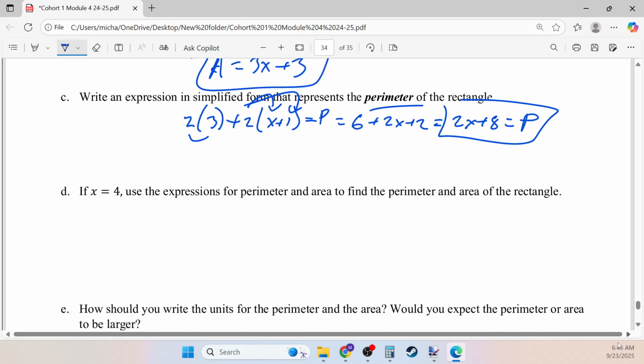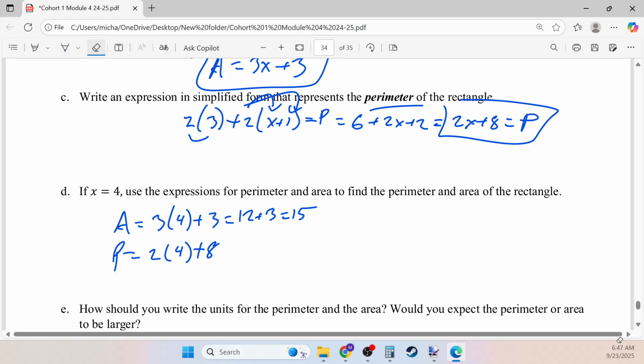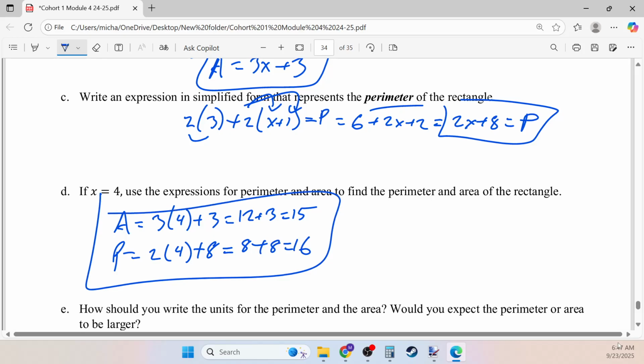X equals 4. Use these expressions to find the perimeter and area of the rectangle. Area equals 3 times 4 plus 3, which is 12 plus 3, which is 15. The perimeter equals 2 times 4 plus 8, which is 8 plus 8, which is 16.